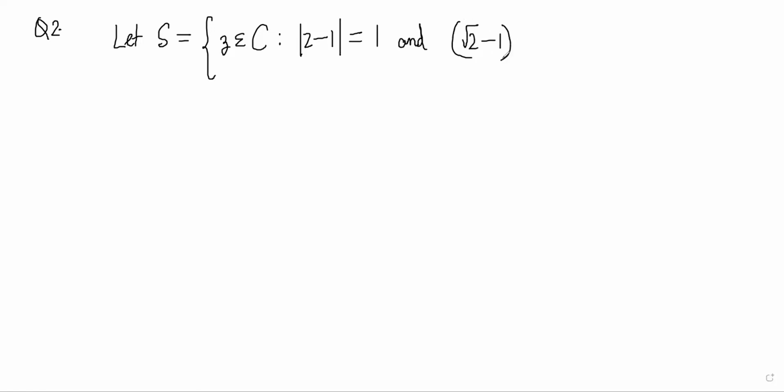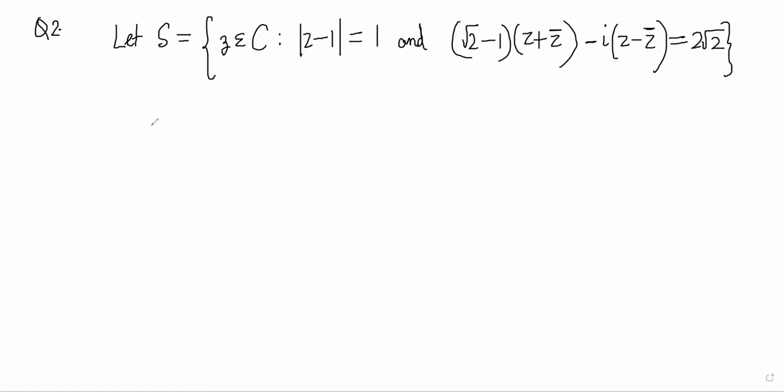Let S be equal to the set of z belonging to complex numbers such that mod of z minus 1 is equal to 1 and (root 2 minus 1) times z plus z conjugate minus i times (z minus z conjugate) is equal to 2 root 2.